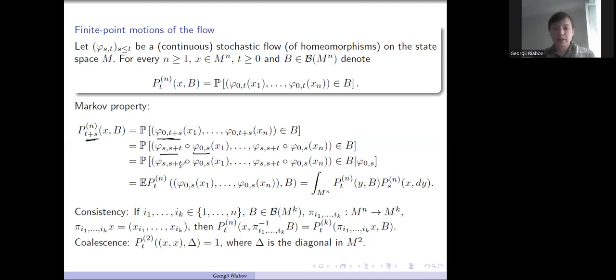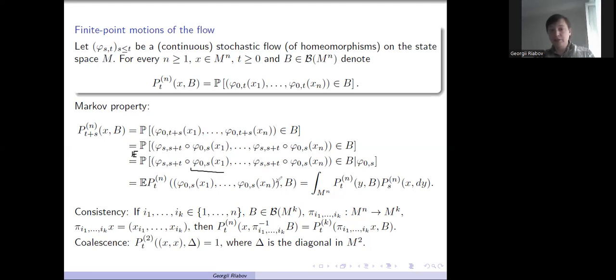After that, we compute the conditional probability given phi_{0,s}. I didn't write expectation here, it must also be an expectation.